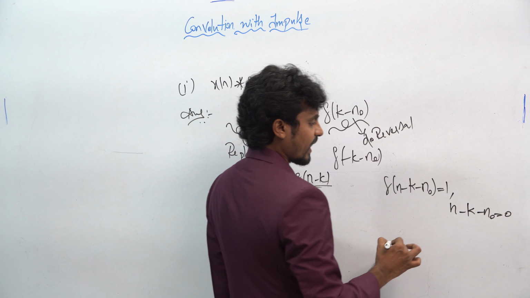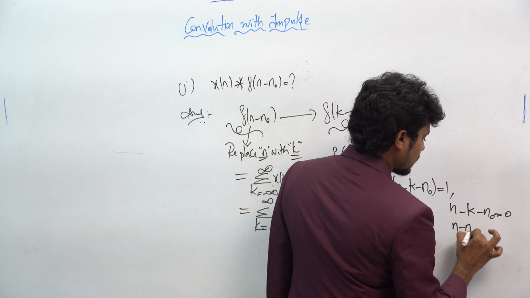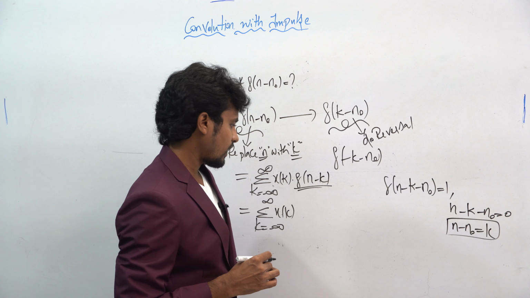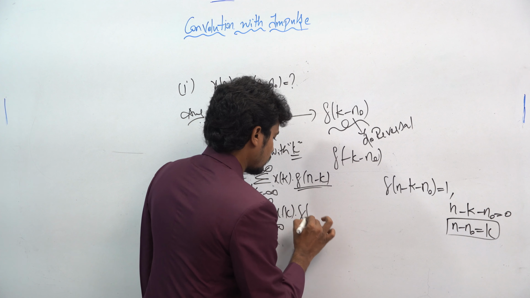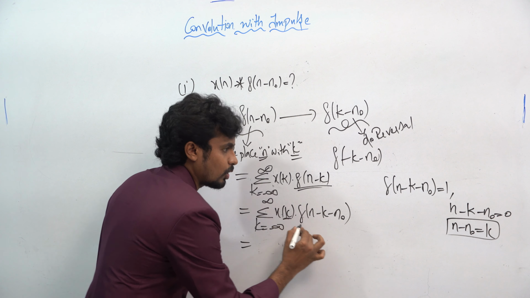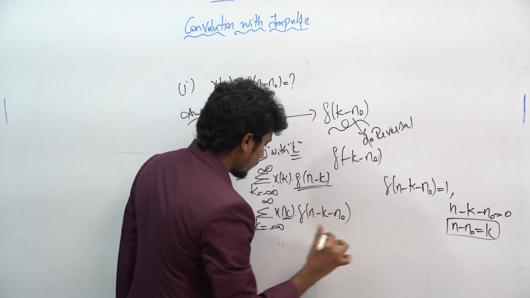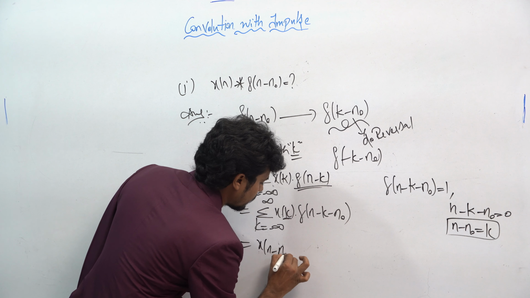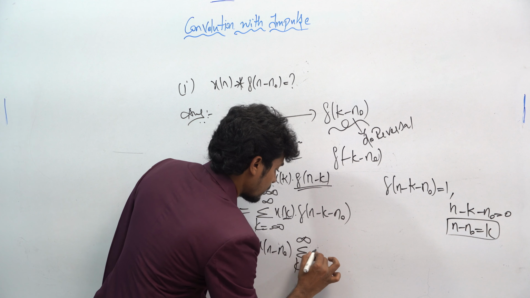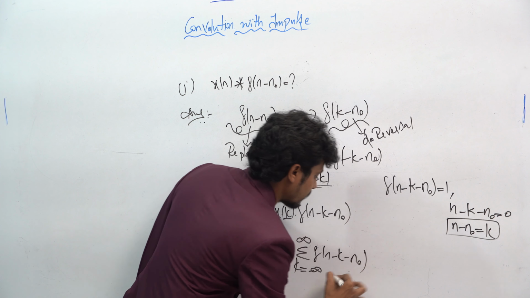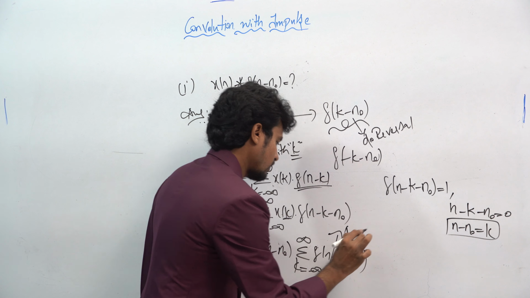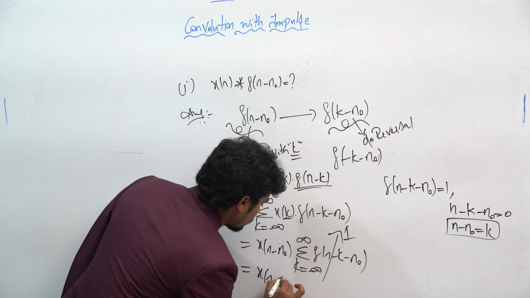So what will happen to k? n minus n naught is equal to k. In place of k, we replace it with n minus n naught. So this becomes x of n minus n naught times the summation of k equal to minus infinity to infinity of del of n minus k minus n naught. The area under the impulse is equal to 1. So the answer is x of n minus n naught.